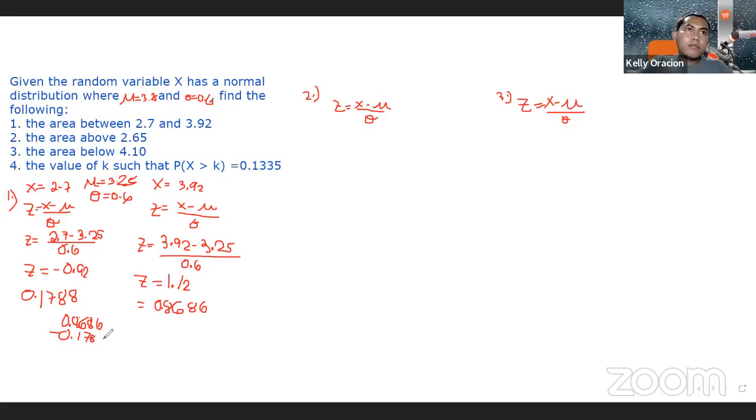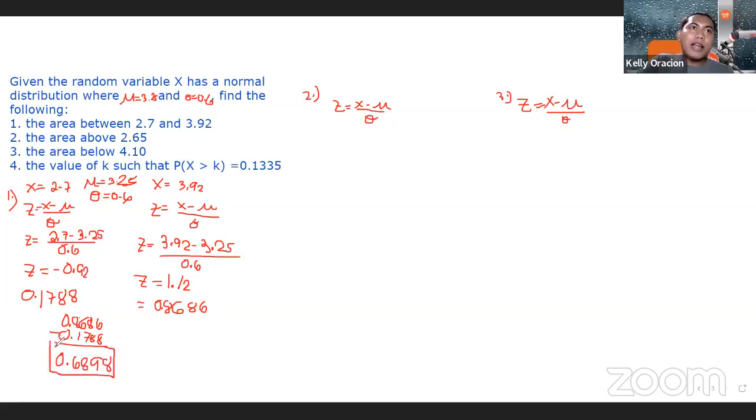What is the difference? 0.6898, and that is the correct answer.